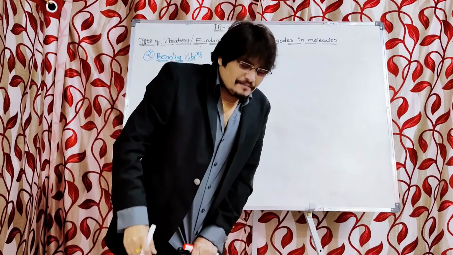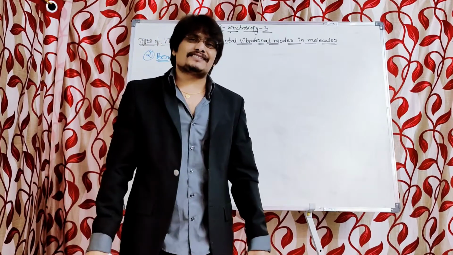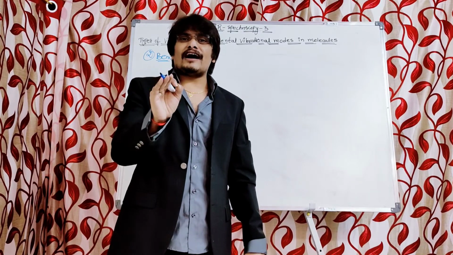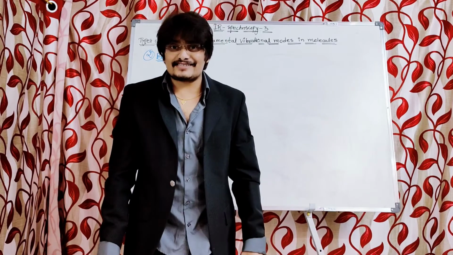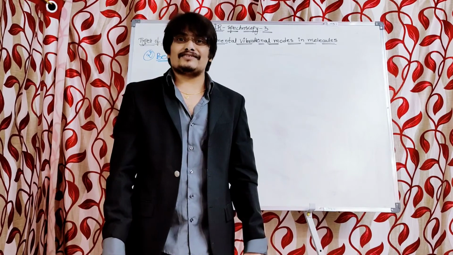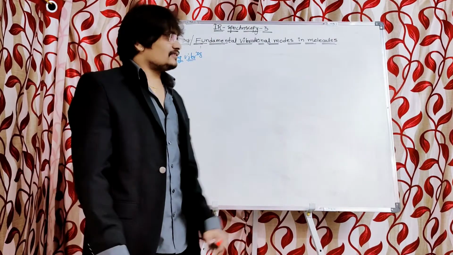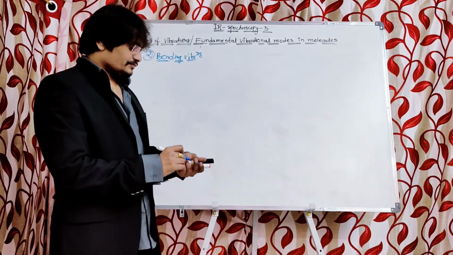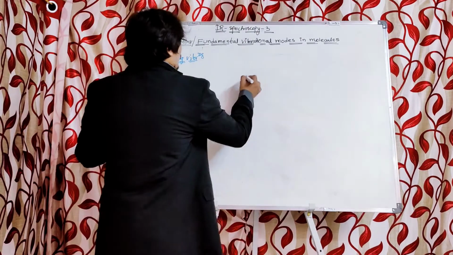In which region of the IR spectrum are bending vibrations seen? We already discussed it: in the fingerprint region, 400 to 1500 centimeters inverse. I hope you remembered it. So these are basically observed in the fingerprint region. Now let us take one molecule.